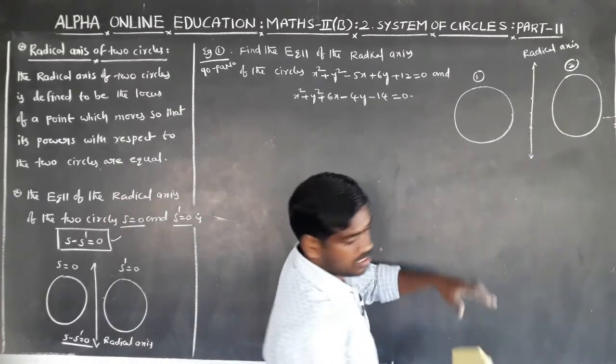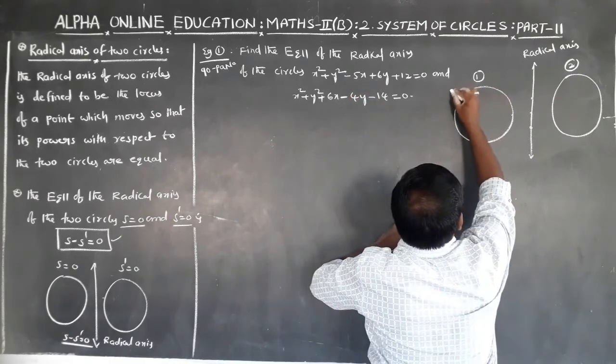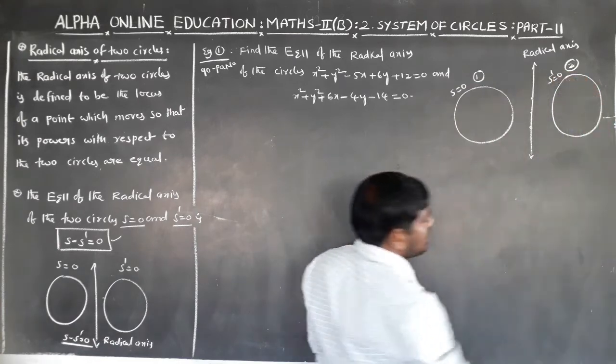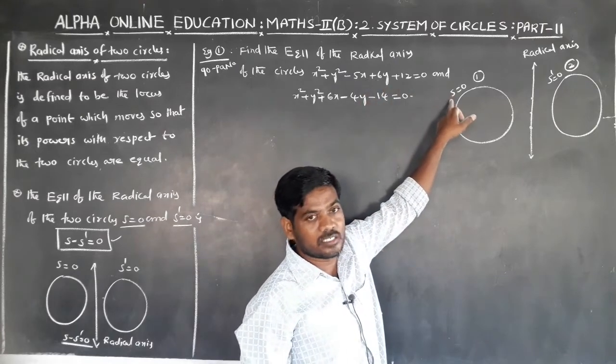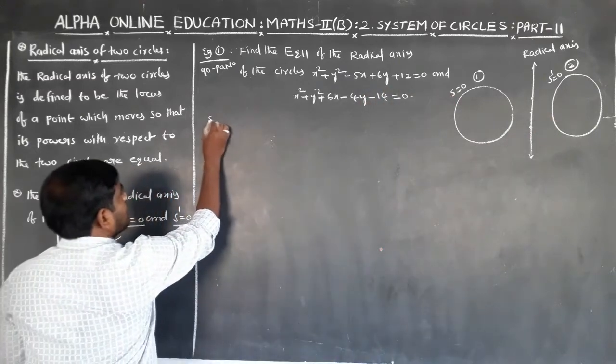Let the first equation of the circle be S, and the second equation of the circle be S dash.